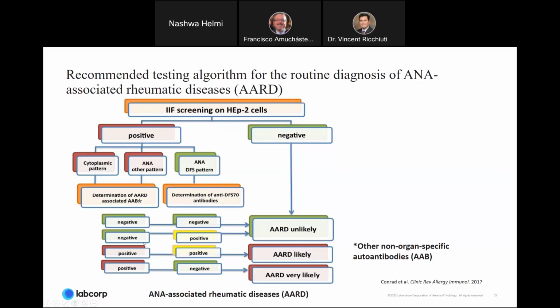If the patient is negative for other antibodies, however positive for anti-DFS70 antibody, it's also unlikely. If the patient is positive for other autoantibodies and DFS70, it's decreased to likely, so the likelihood is diminished. If the patient is only positive for other antibodies and negative for DFS70, in that case the patient is very likely to have systemic autoimmune rheumatic disease.